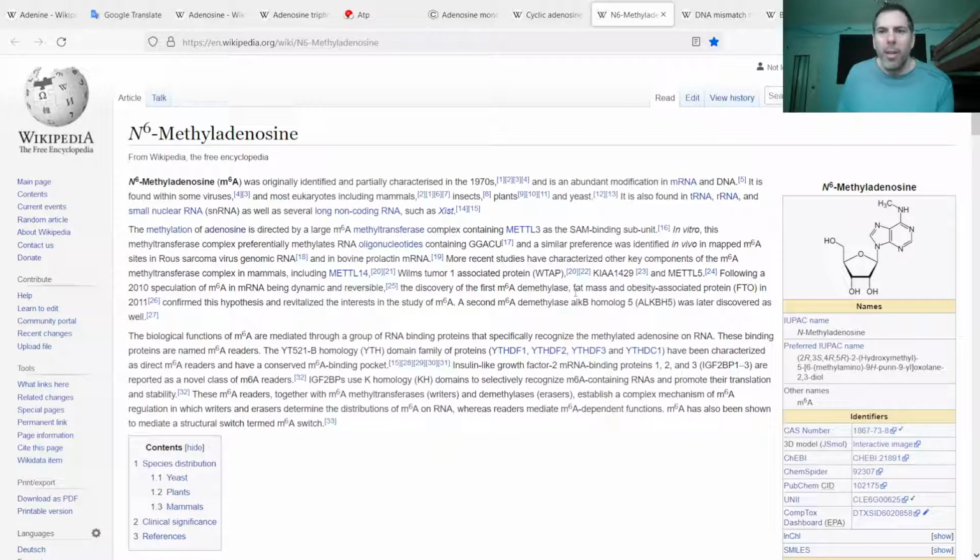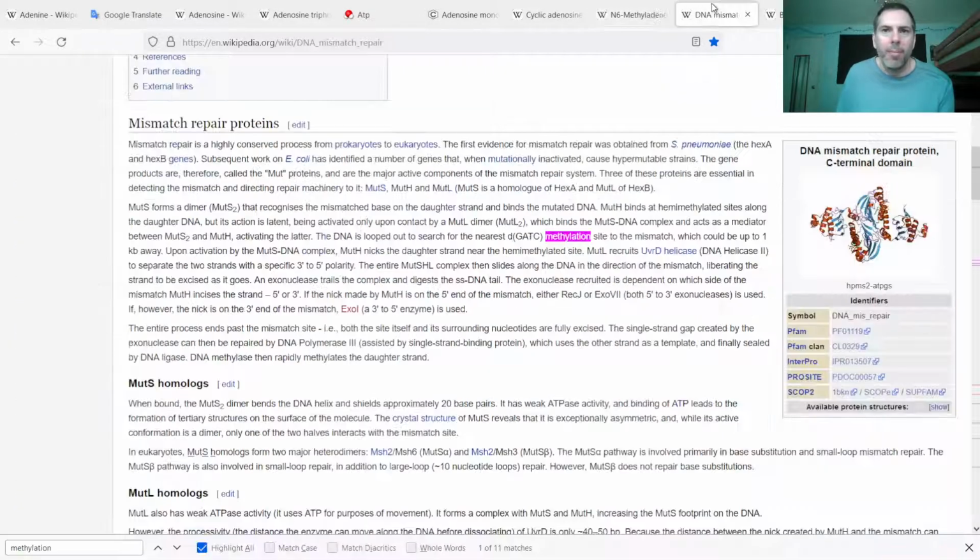So this is a way to tag an adenine base in DNA or RNA to regulate gene expression or any other reason that the cell would need to keep track of something.